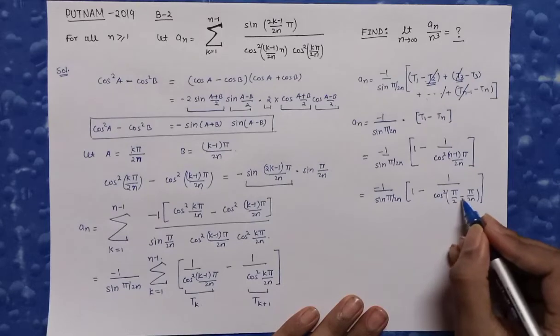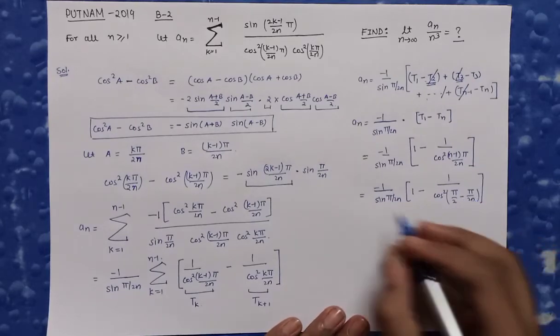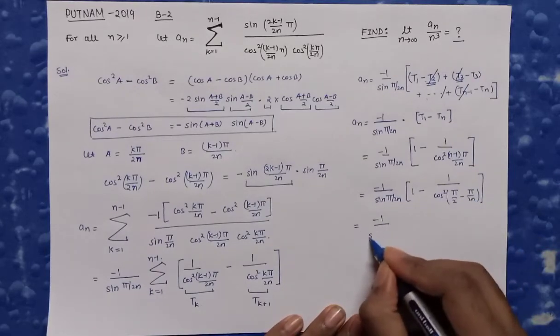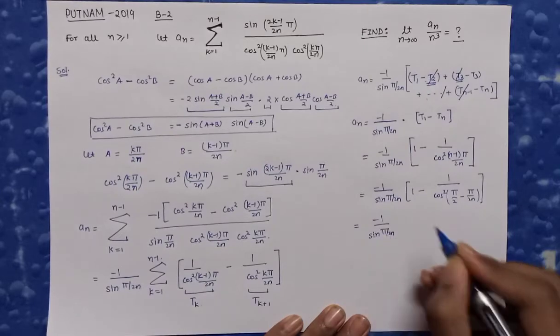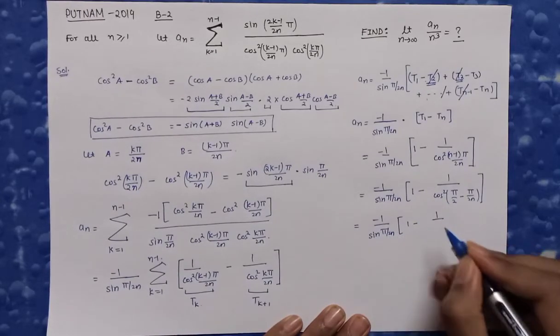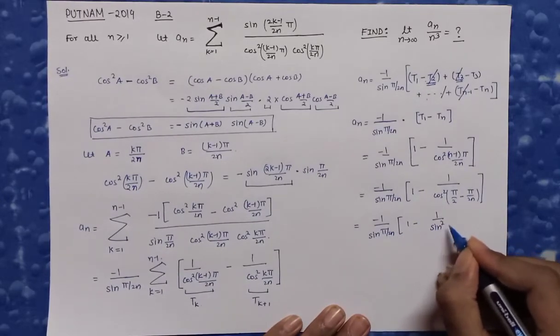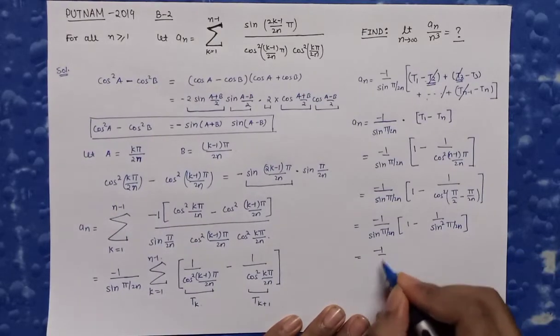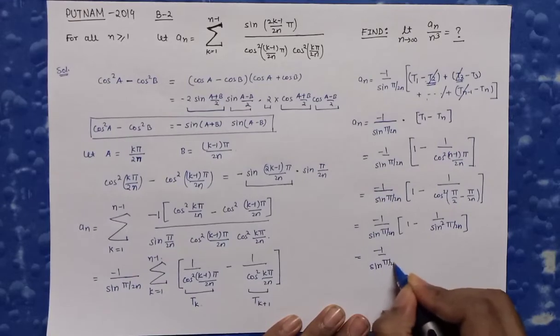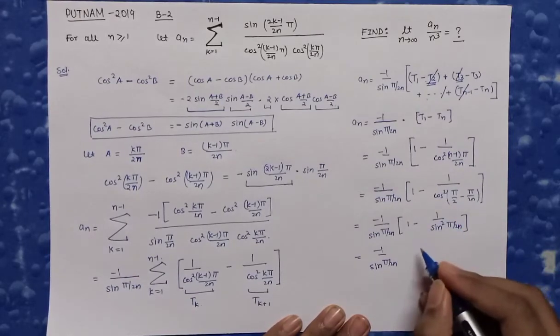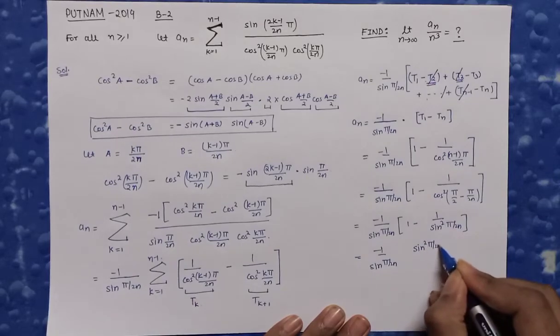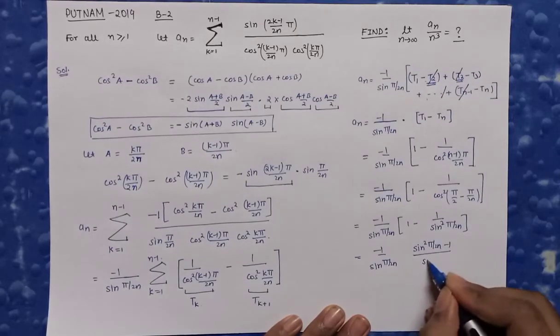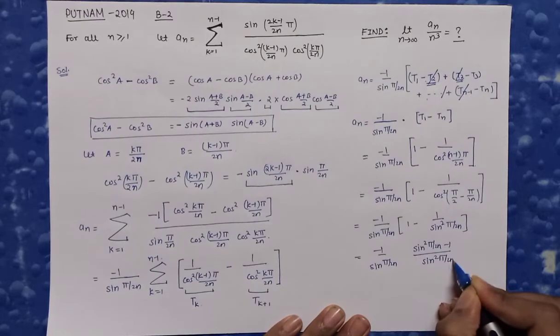Cos of pi by 2 minus theta is nothing but sine theta. So I can once again write it as sine pi by 2n, 1 minus 1 by sine square pi by 2n. So minus 1 by sine pi by 2n. Let's take it to the LCM, and I will get sine square pi by 2n minus 1 divided by sine square pi by 2n.